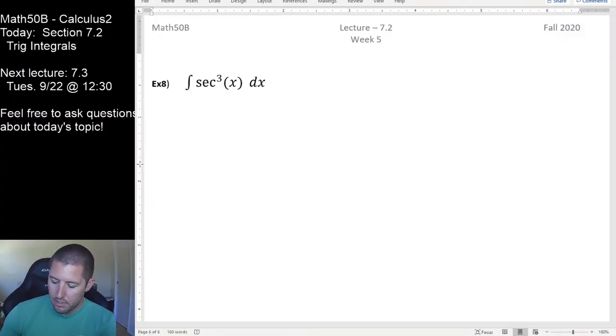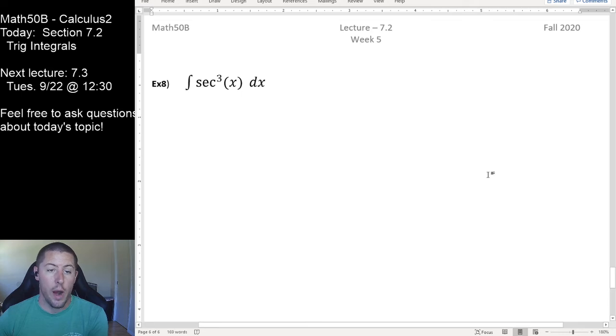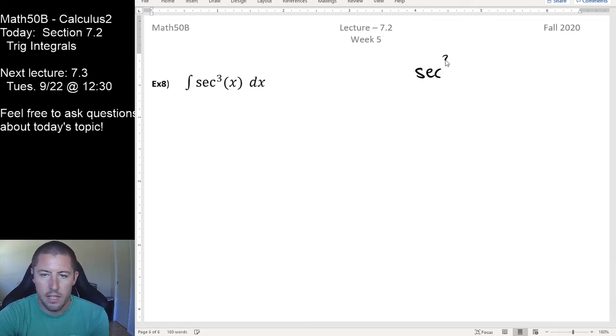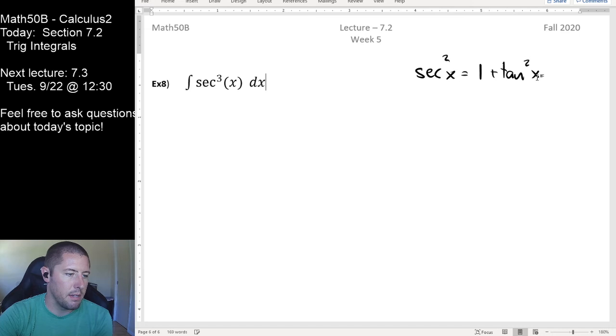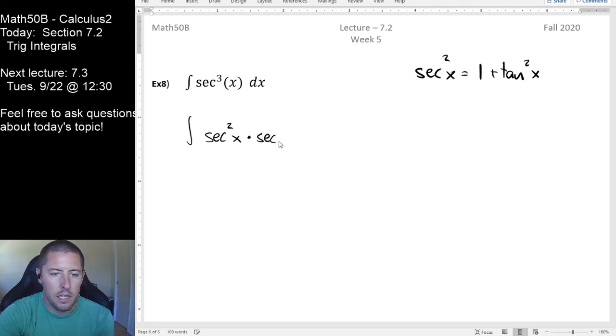The one thing I know I can do is rewrite secant squared as 1 plus tangent squared. So I've got secant squared equals 1 plus tangent squared. What that suggests is that I maybe want to do something like secant squared of x times secant of x times dx.